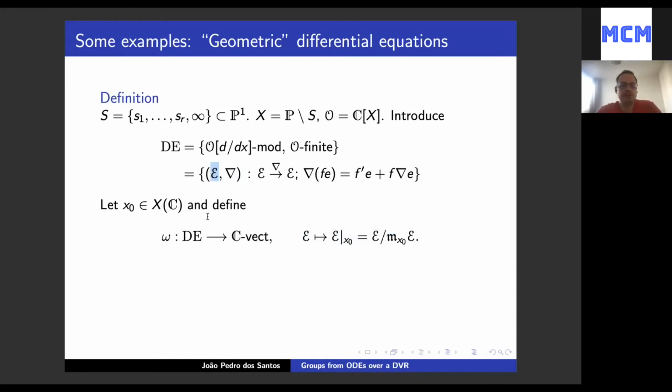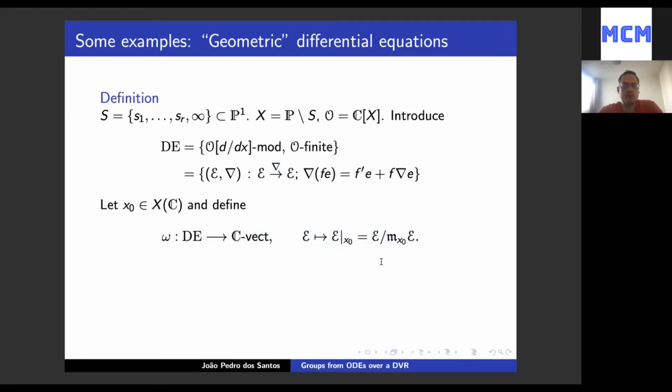It's locally free. So in characteristic 0, every time I have a connection, the sheaf is locally free. This makes omega, taking the fiber at x0, an exact and faithful functor.